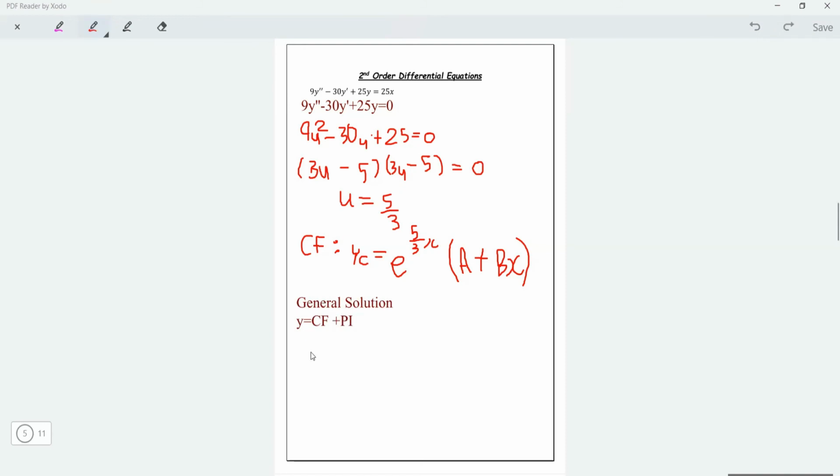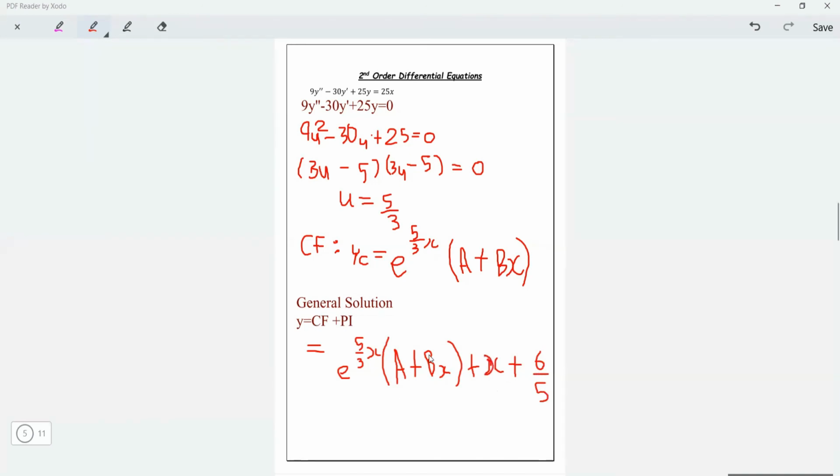So it is e to the 5 over 3 times x, in brackets a plus bx, plus our particular integral, x plus 6 over 5. And this is the general solution.